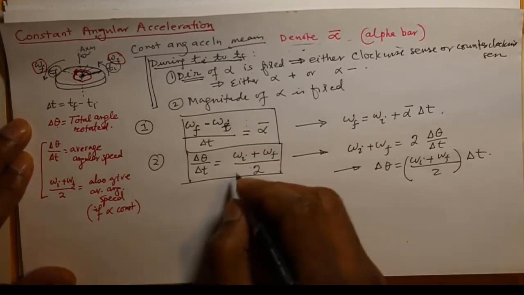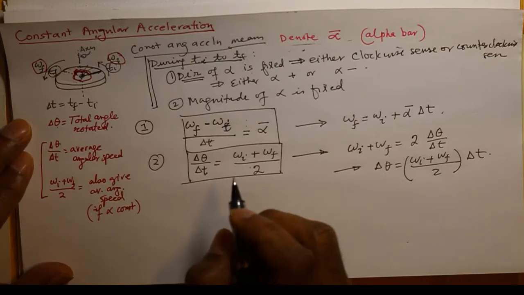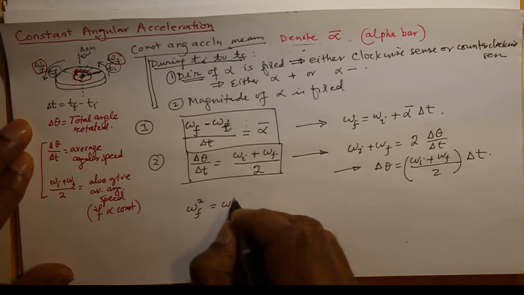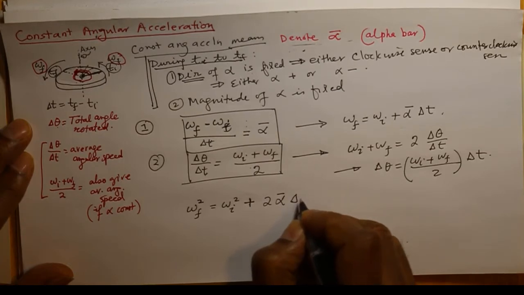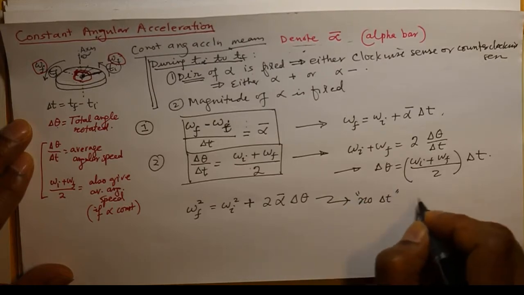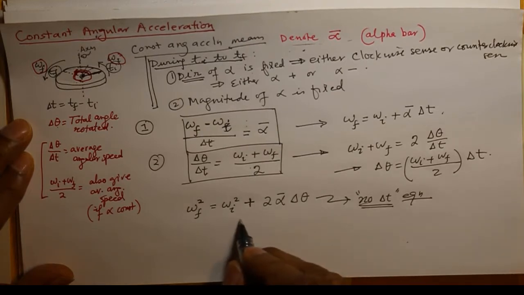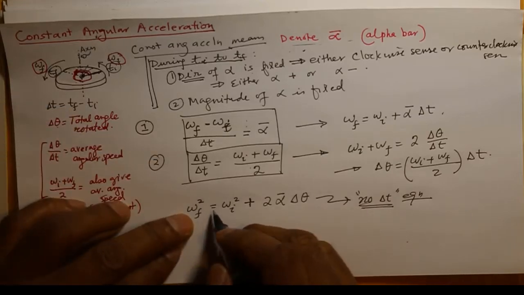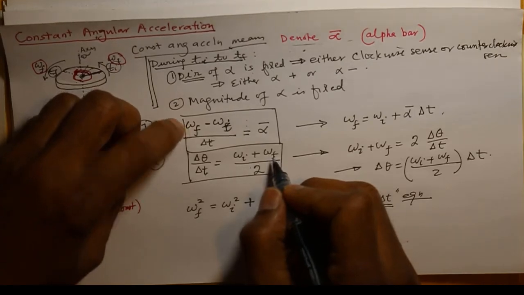There are only two relations, but you can eliminate delta t from these two and get omega f squared equals omega i squared plus 2 times alpha bar times delta theta. So this is the no-delta-t equation. If there's a problem in which I don't need to find delta t, I can just use this directly. I could also eliminate omega f from these two instead of delta t.